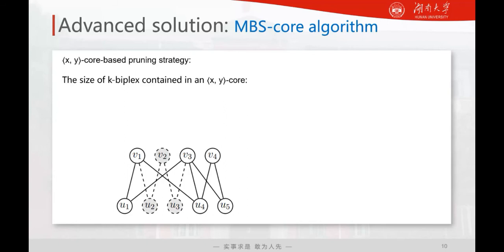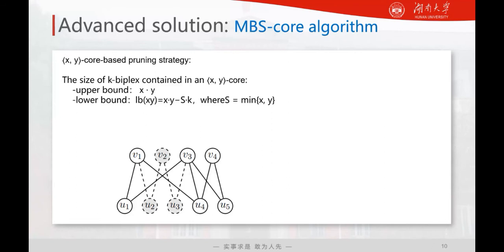We prove that the upper bound is x times y, and its lower bound is x times y minus s minus k, where s is the smaller one of x and y.